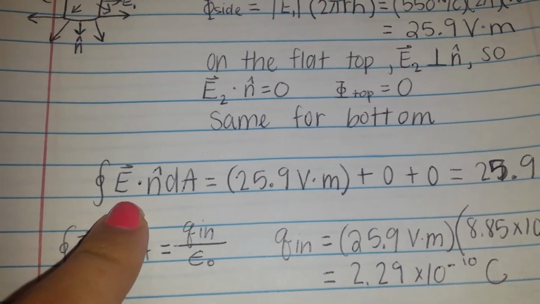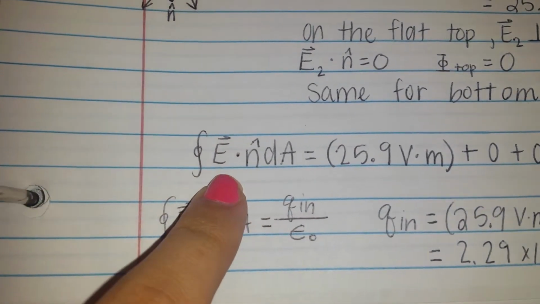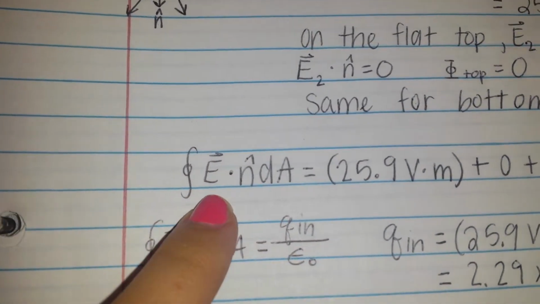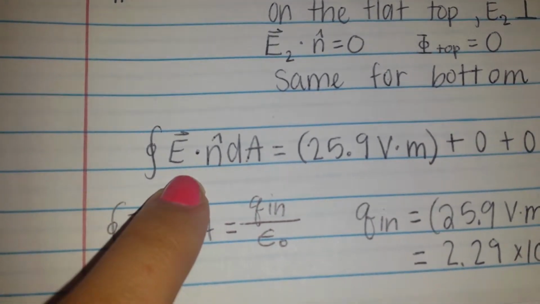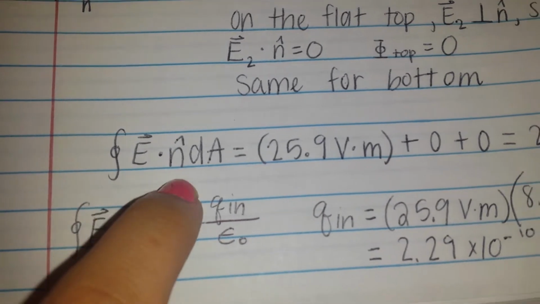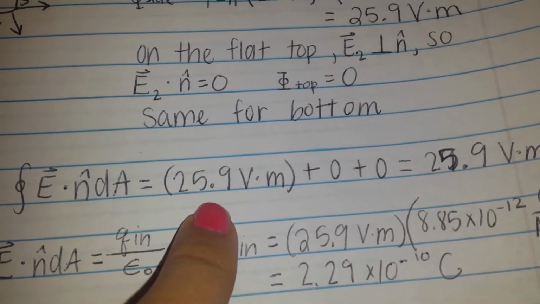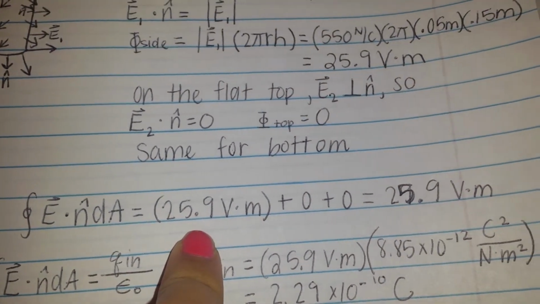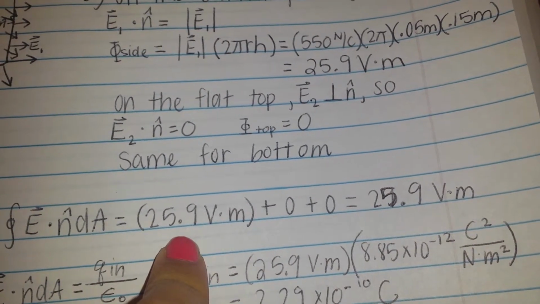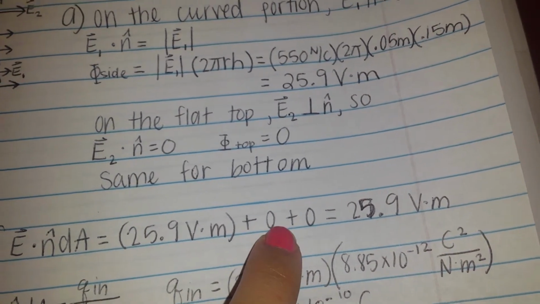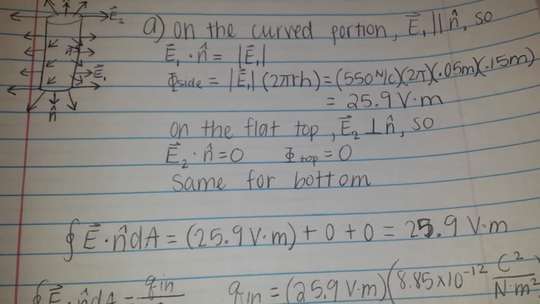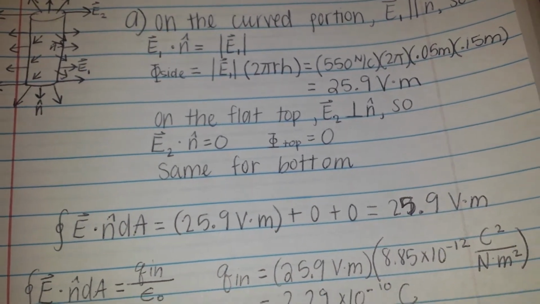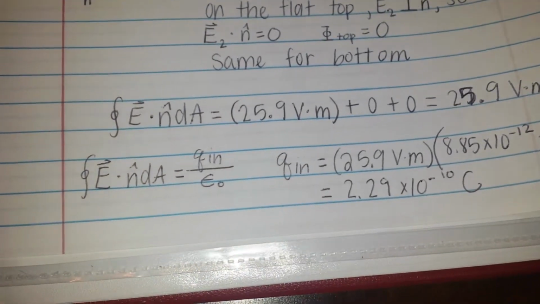So when we do the summation over the whole surface, E dot n hat times dA, we already know that we're just going to have 25.9 because the curved portion is the only thing that has a flux. The top and the bottom has a flux of 0.